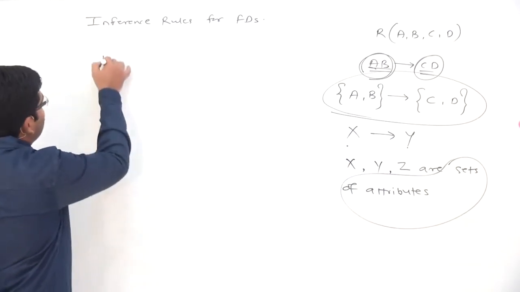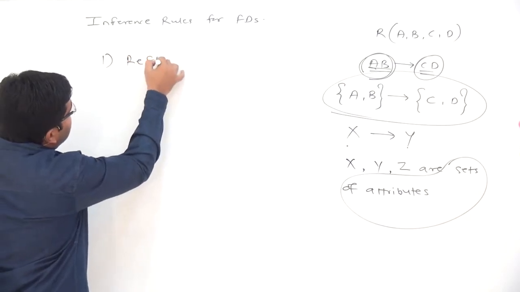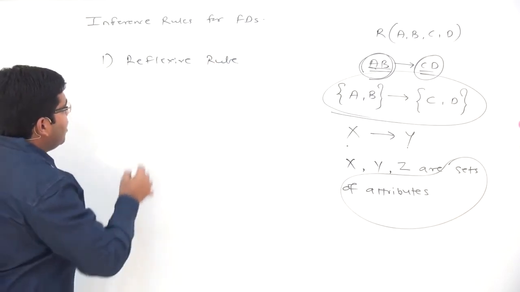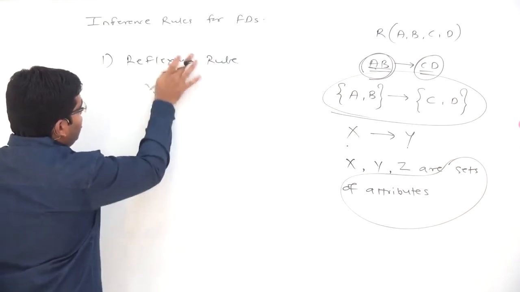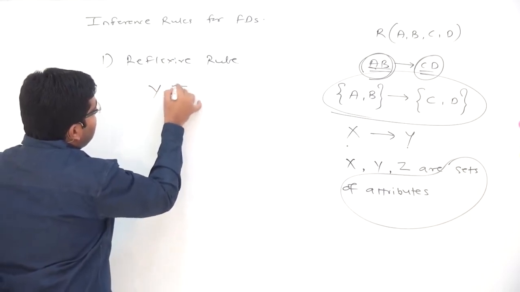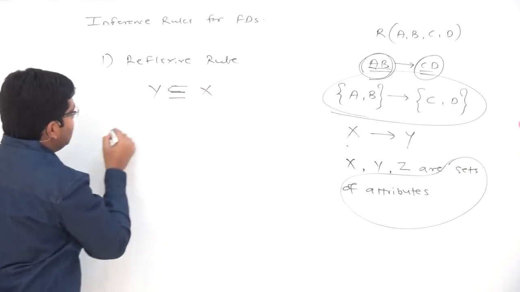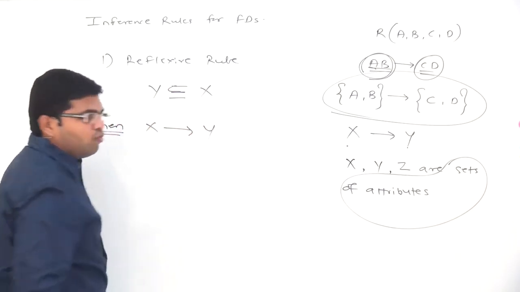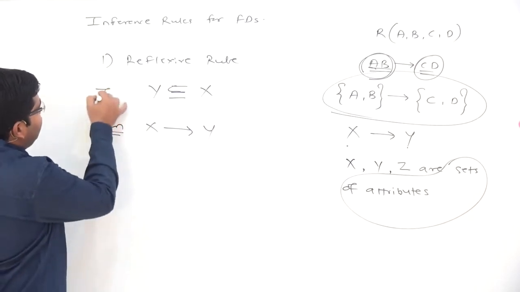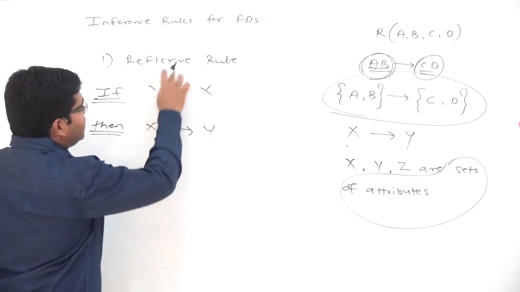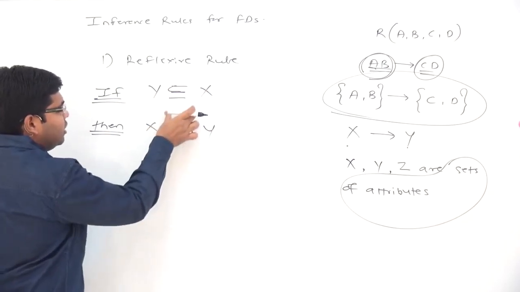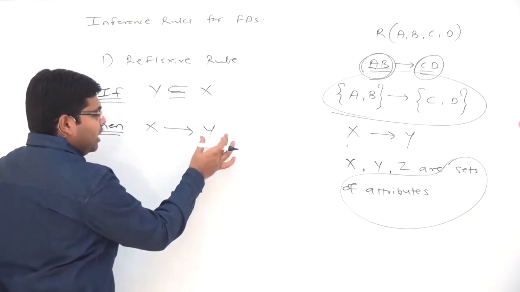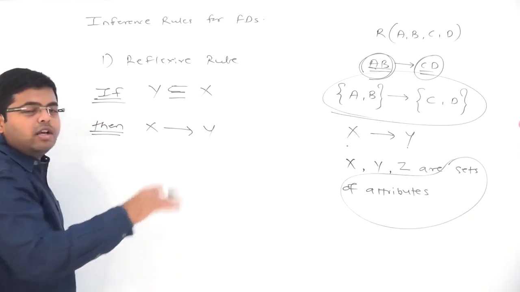First of all, the first rule is called the reflexive rule. And what does this rule say? Whenever Y is a subset of X, then we can always say that X gives the value of Y. Whenever the right hand side is a subset of the left hand side, the FD will always hold.